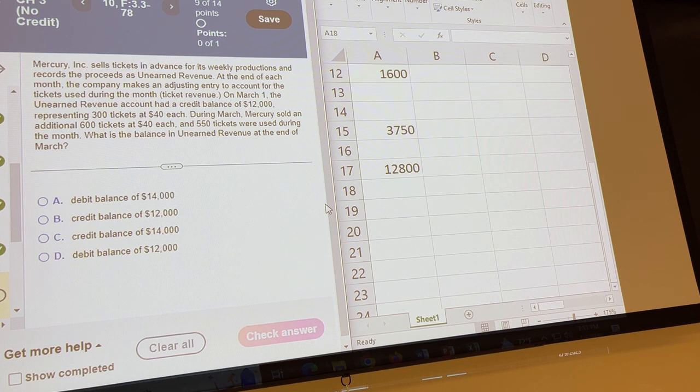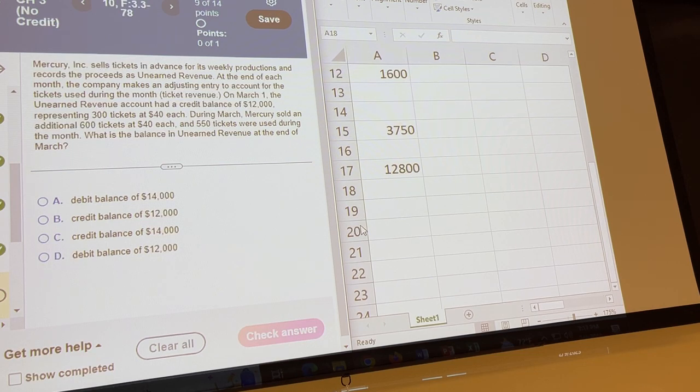Okay, this company sells tickets in advance for its weekly productions and records the proceeds as unearned revenue. This one's a little hard to follow what they're talking about, but at the end of each month, the company makes an adjusting entry to account for the tickets used during the month.